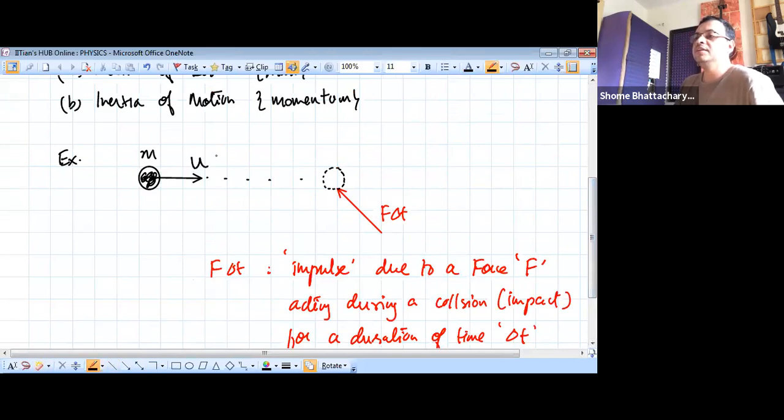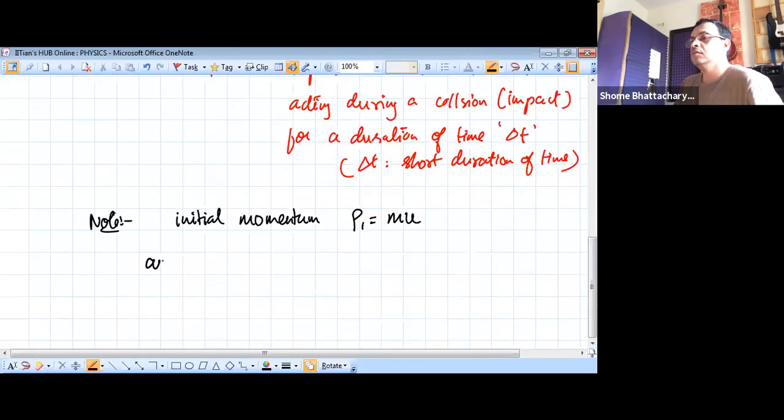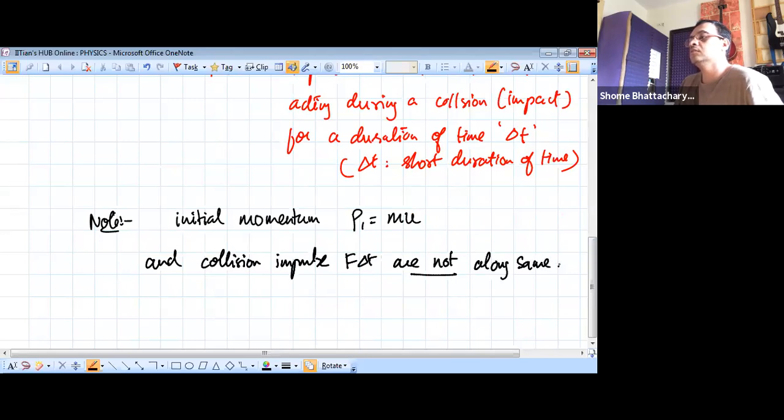So the initial momentum and the collision impulse F delta t are not along the same line.